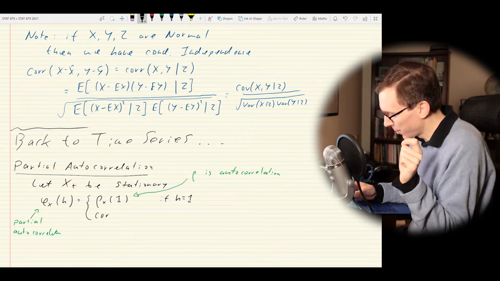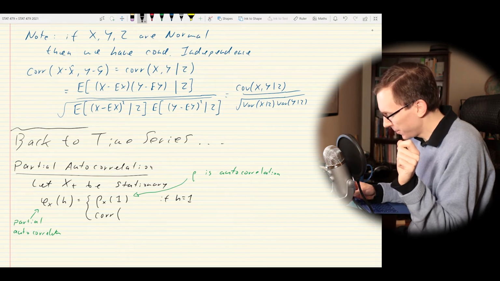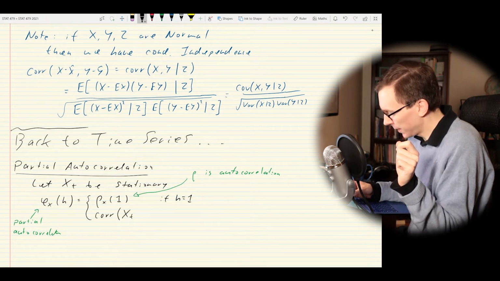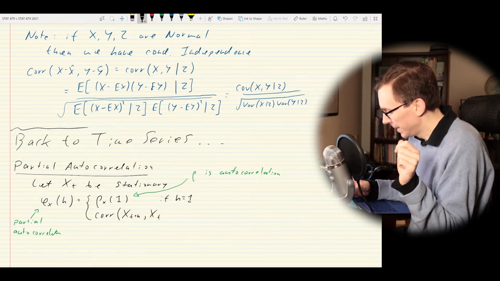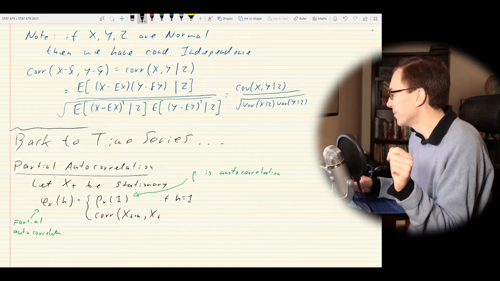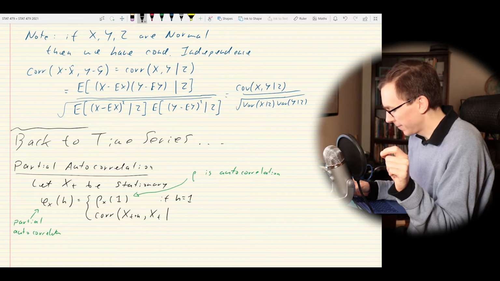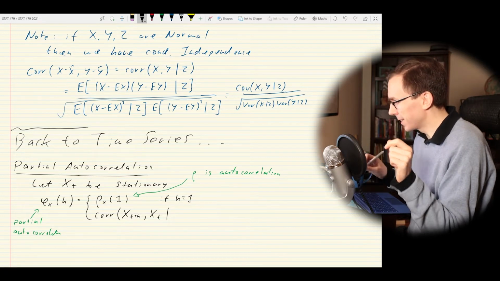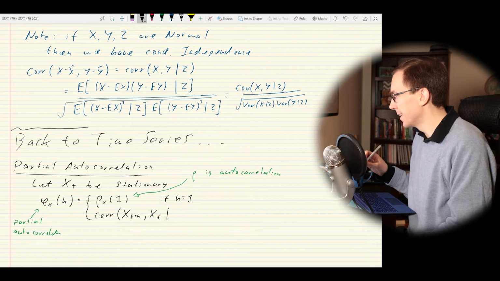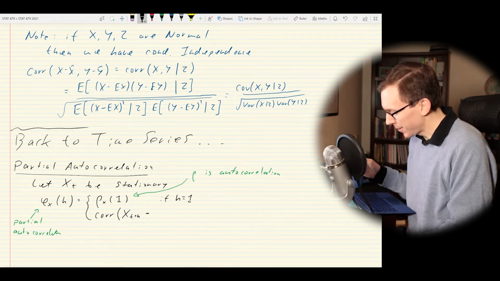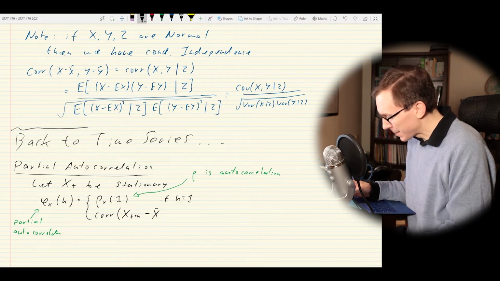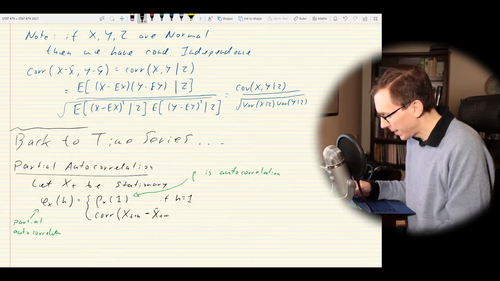But once we get more than 1 apart, what do we do? Well, we compute the correlation between x_{t+h} and x_t. But what we do is we condition. I'll write it the correct way, just to be precise, because things change slightly when you have Gaussian or non-Gaussian white noise.